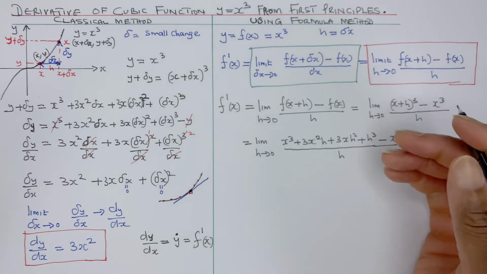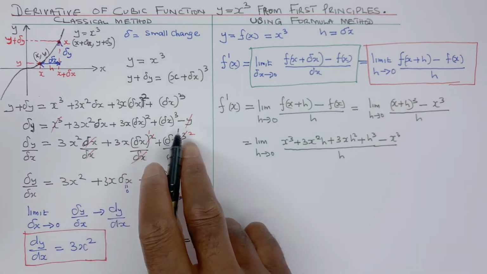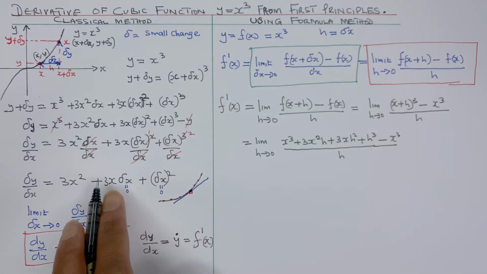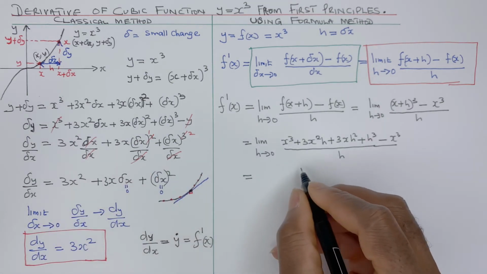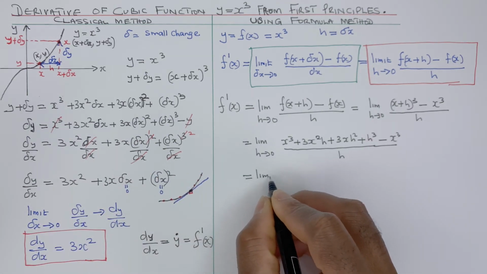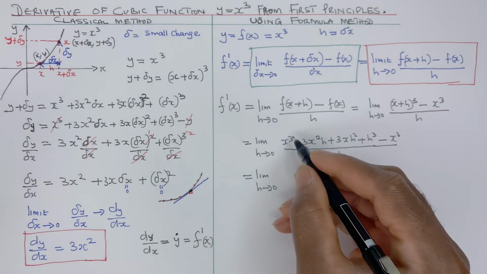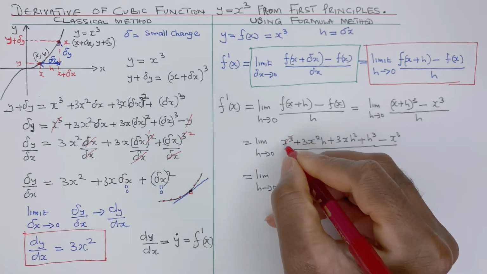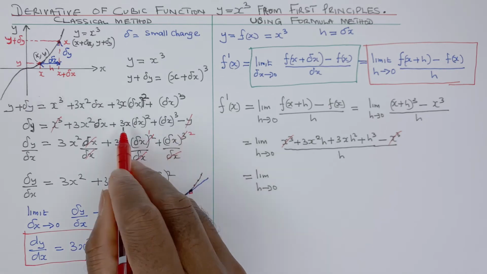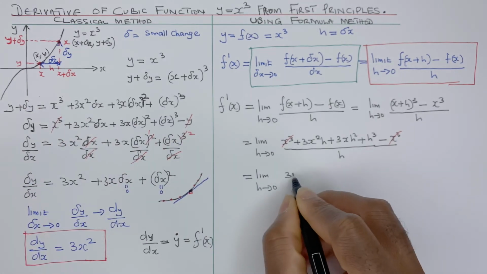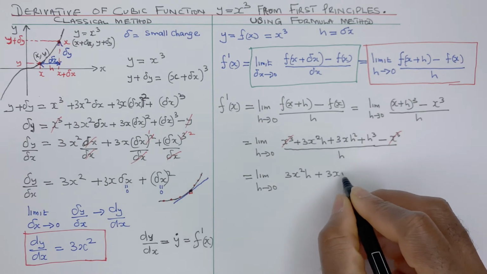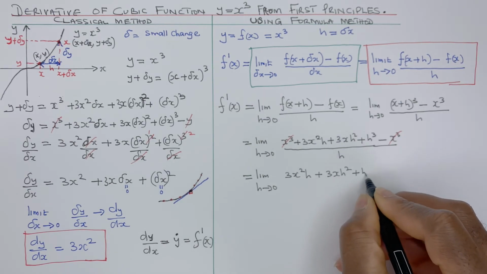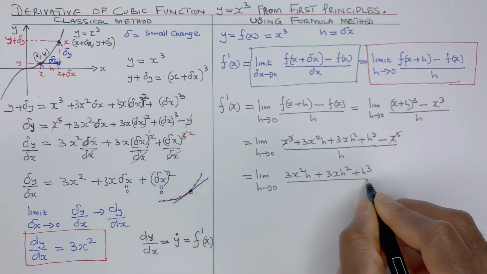So it's still the same thing as we've done here. h is the delta x that we've divided by here. That equals, again, limit h tends to 0. You can see the x cubed cancels x cubed. And you're left with 3x squared h plus 3x h squared plus h cubed over h.